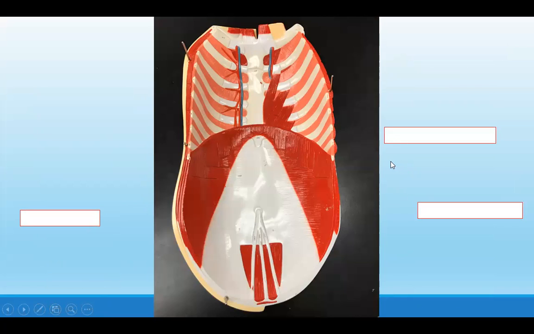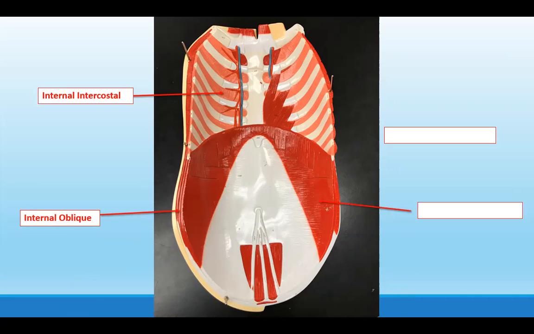We look at the inside of the abdominal cavity. We see the intercostals. These are the internal intercostals. You've got external and internal intercostals. You see the internal obliques here, but just as a line. You see the transverse abdominis, and you see the diaphragm.